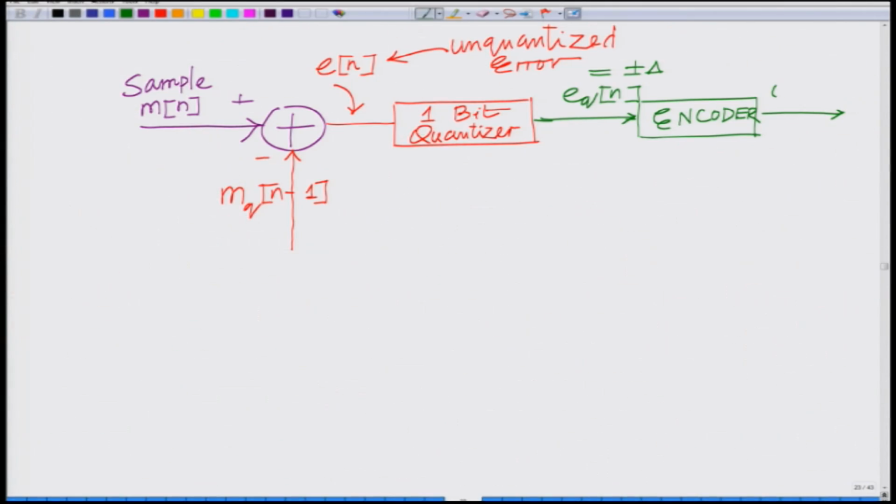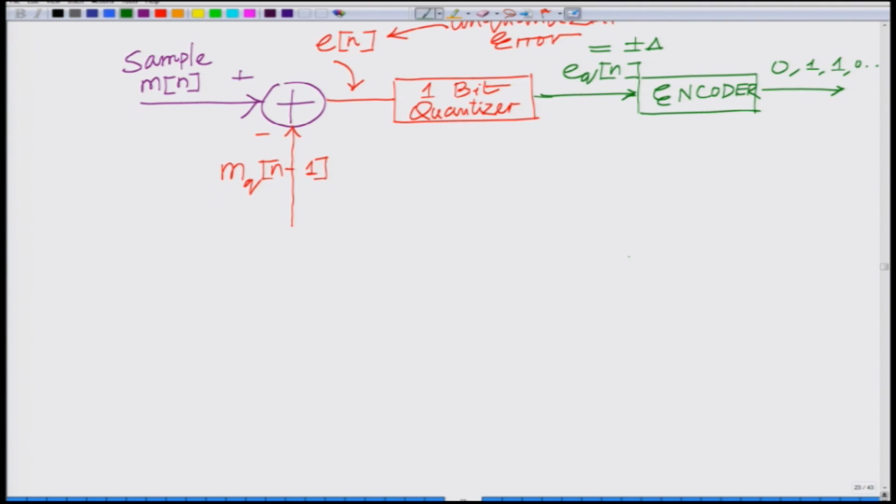That is the job of the encoder, which yields your encoded bit stream of zeros and ones.